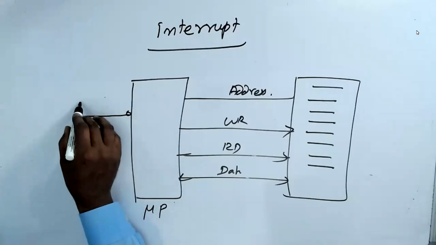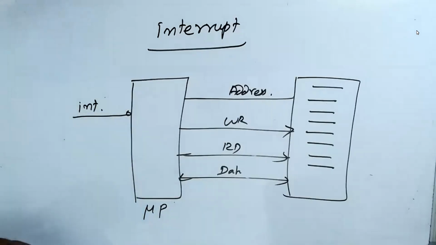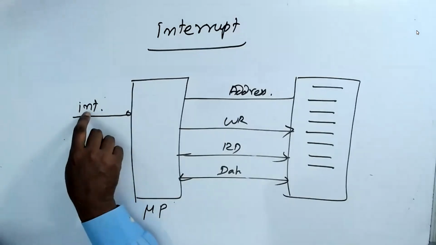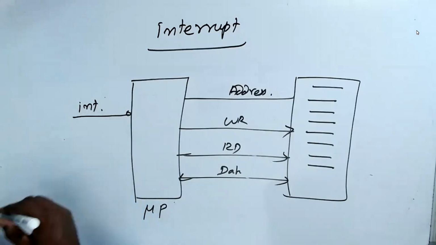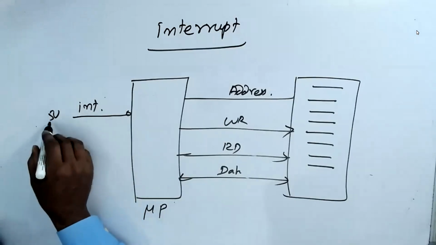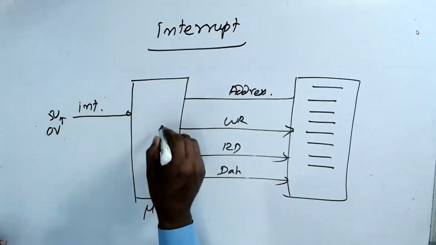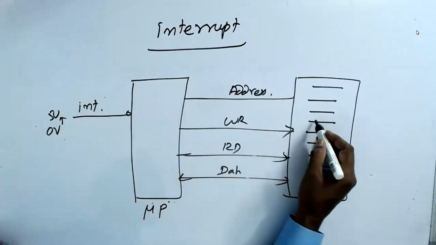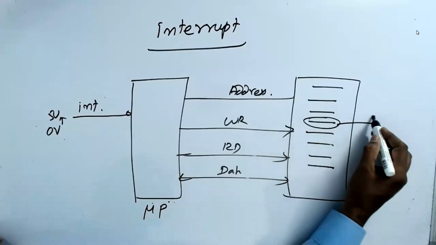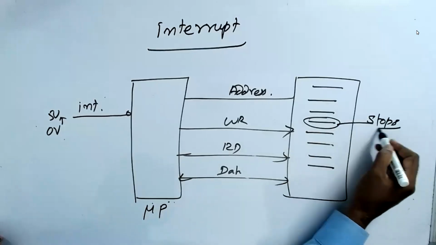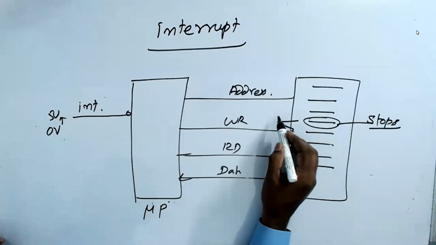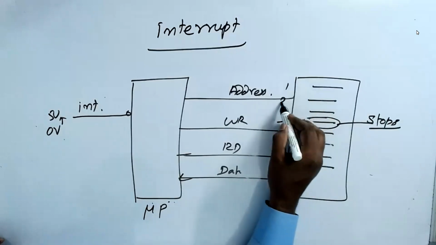This is very simple. Now you have a signal called interrupt. It's a new signal. What this signal does is, when this becomes 5 volt, 0 to 5 volt, at that time this microprocessor, wherever it's executing, stops there and stores the address. Address could be, let's say, 1, 2, 3, 4.